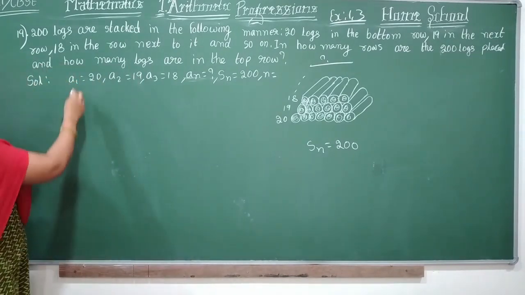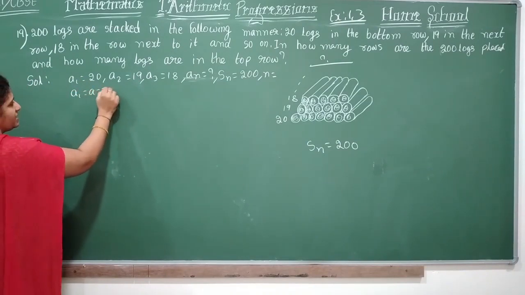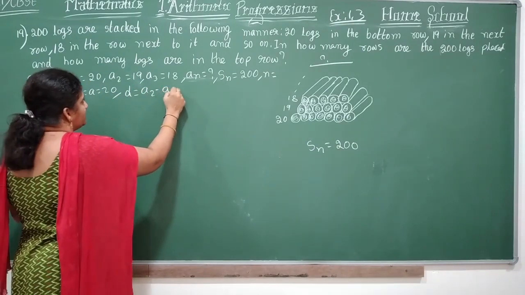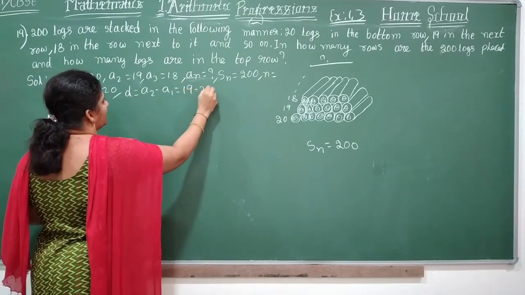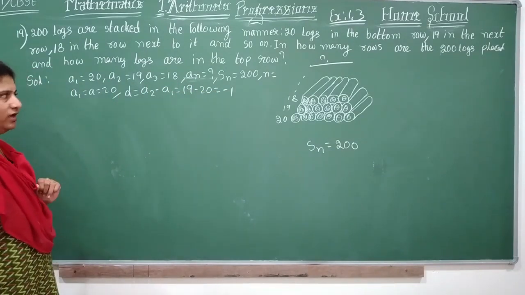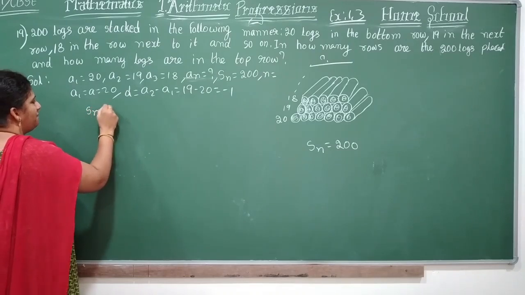Now, A1 is equal to A is equal to 20. D is equal to A2 minus A1, 19 minus 20, that will be minus 1. Now, what is your SN formula?